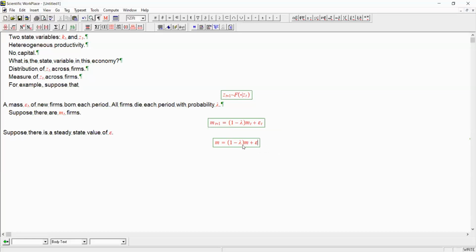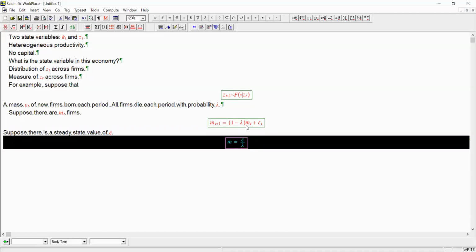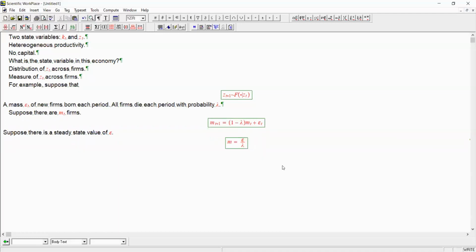Well, very clearly, we're going to have that M cancels with M here. So you end up with lambda M on this side. And of course, that just means that in the long run, this is going to be the value of M. You can also easily verify that because this is between 0 and 1, you'll converge monotonically to this, regardless of what M_t you started with.